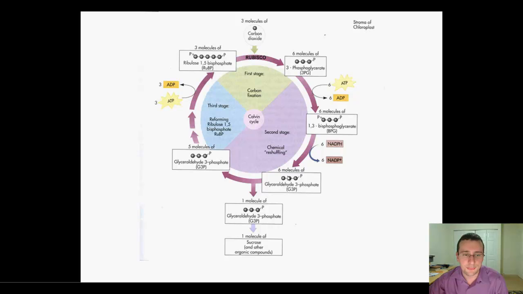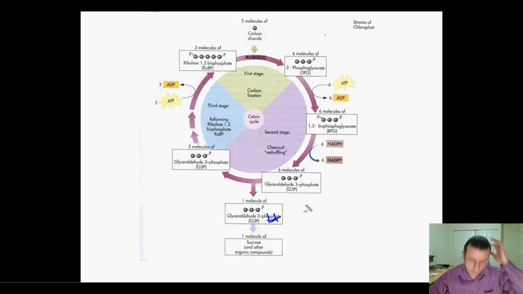But I'm going to need 5 of those to go this way at the expense of 3 ATPs to rebuild Rubisco, and 1 of them is going to go on to become the G3P that I use. But since glucose takes 2 of those to be made, I have to do all of this twice, which means I'm going to need 9 times 2, 18 ATP, 6 times 2, 12 NADPH. So it all fits together.